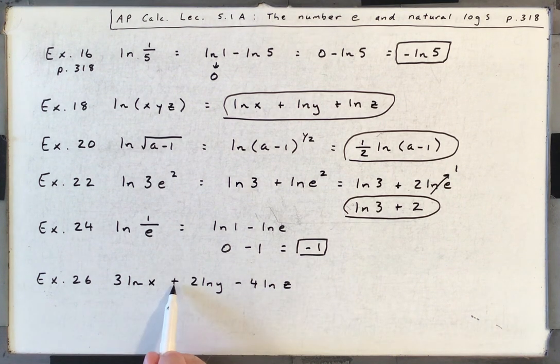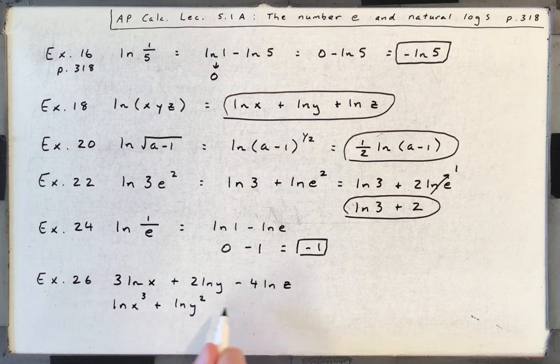Okay, the first thing you want to do is take care of these coefficients. So let's take care of those now and make them into exponents. So that's natural log of x cubed plus natural log of y squared minus natural log of z to the 4th.